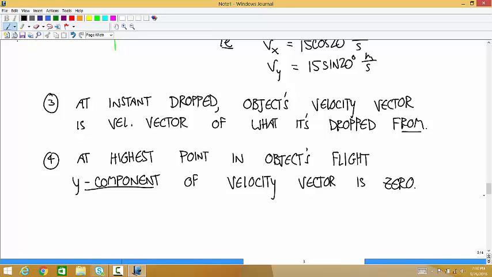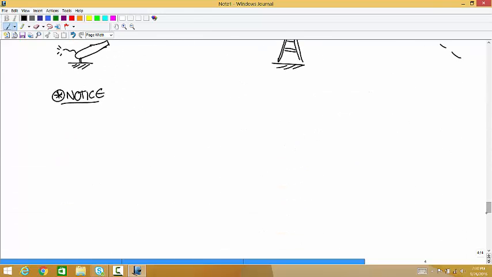Okay, so these equations say something surprising, and that is that the horizontal and vertical motions are totally independent of each other.